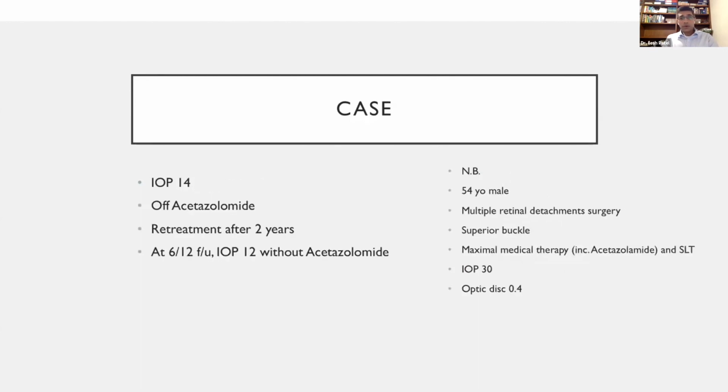The 54-year-old male with the multiple retinal detachments has done well as well. His pressure was 14, and we were able to get him off acetazolamide. He required a retreatment after 2 years, which I did about 6 months ago, and he's doing well once again. His pressure has been 12 without acetazolamide, but he's on drops.